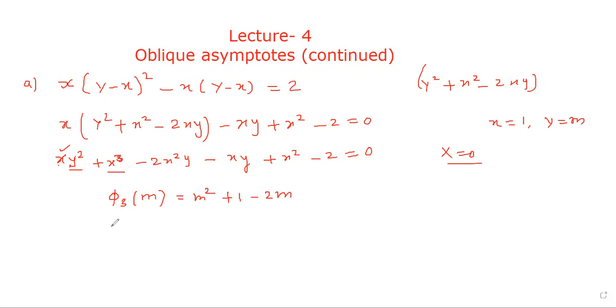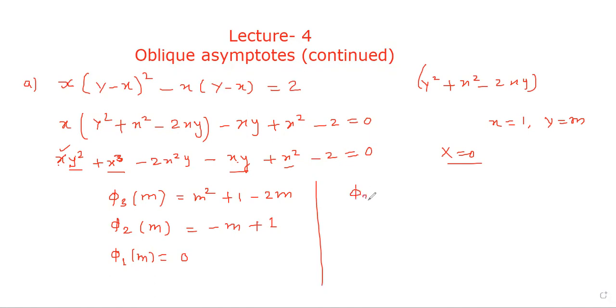Then we write the second degree term phi 2 of m. So second power is here, and here x equal to 1. So this will give minus m plus 1. Then first degree term. Here the first degree term is absent. So phi 1 of m is equal to 0. Now we find derivatives.